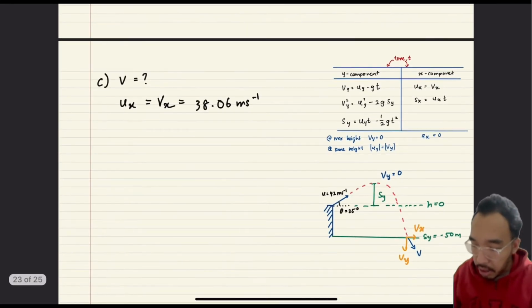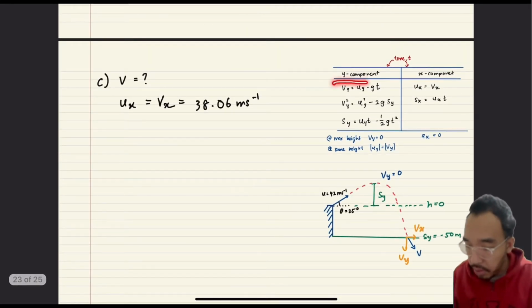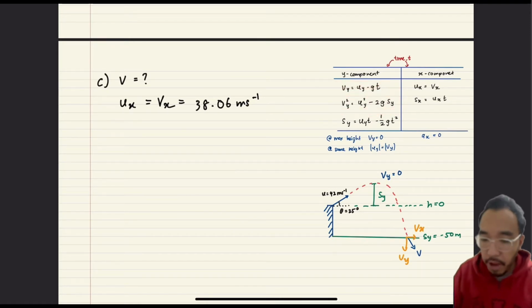To find Vy, you can choose either of these three equations. I can cancel out this one first straight away because you don't have V inside there. Between these, I don't have any time yet, so I can cancel out that one and straight away use this one to find my Vy.